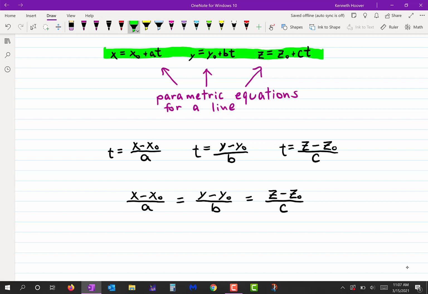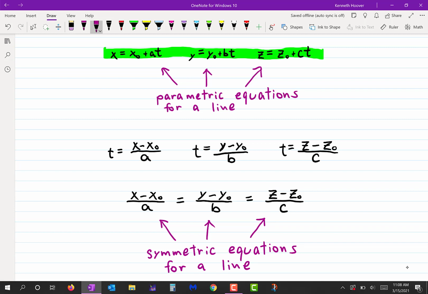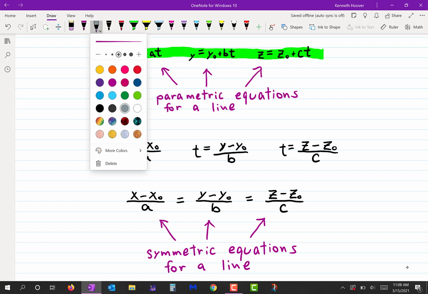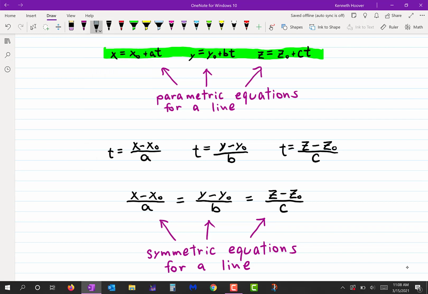And there we have what are called the symmetric equations for a line. But that's only allowable as long as a, b, and c are not 0.